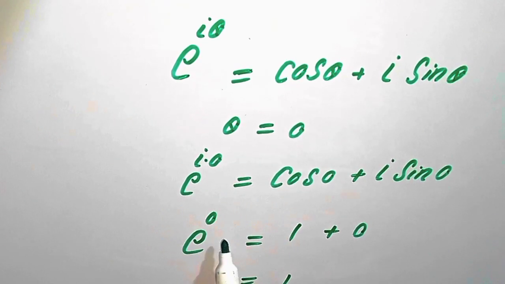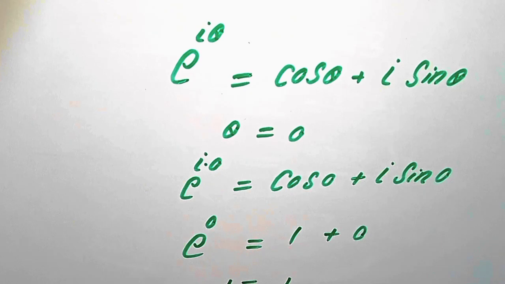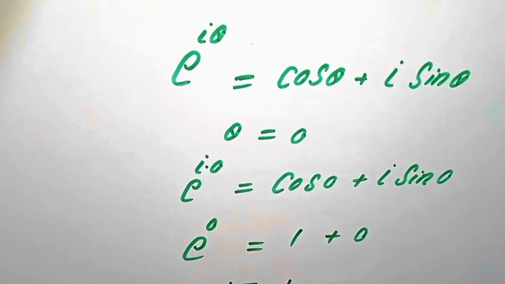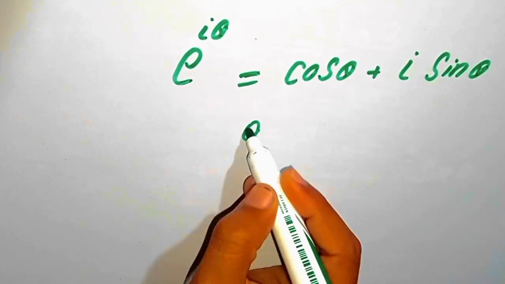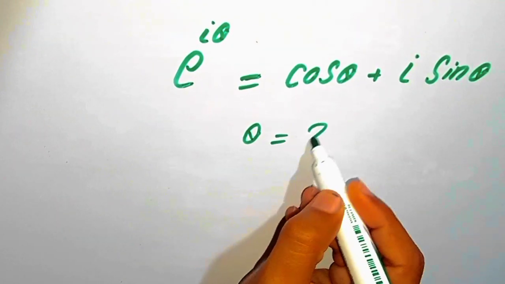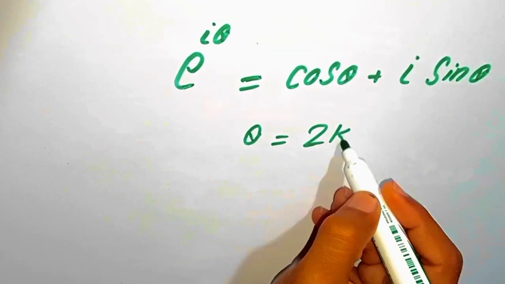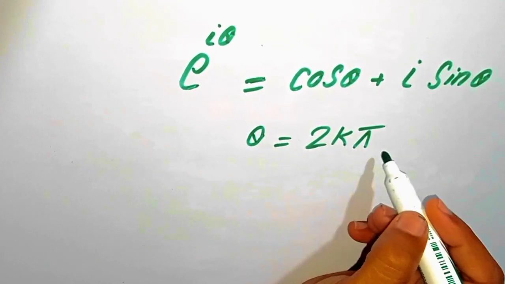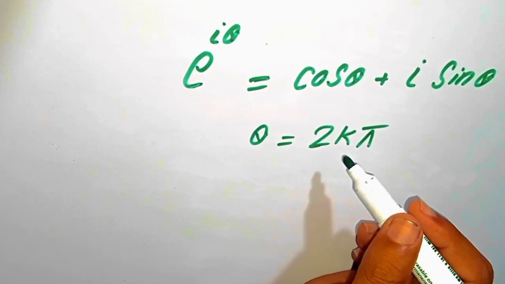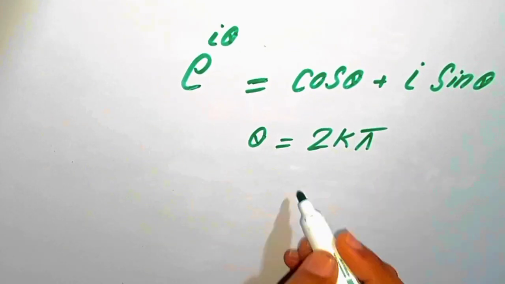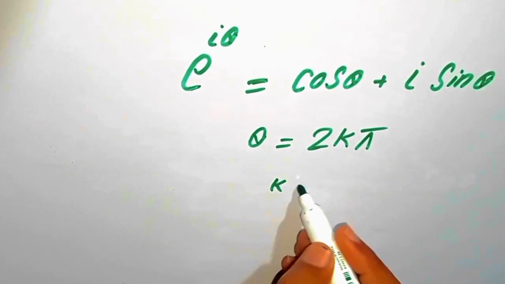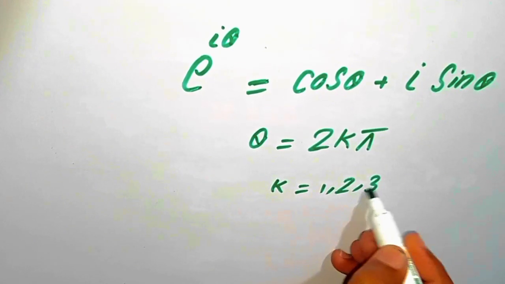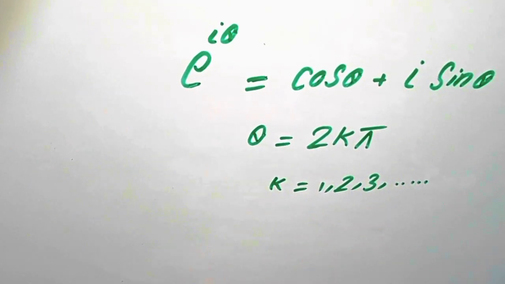Now we put theta is equal to 2k pi, because 2 pi is the period and k starts from 1, 2, 3 and so on.